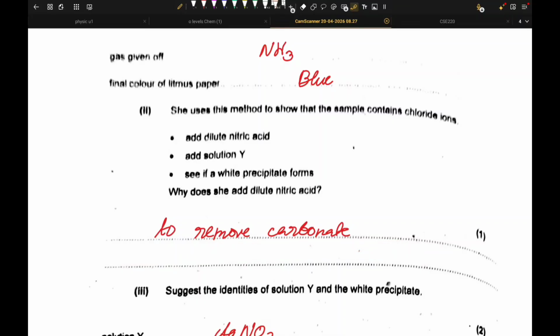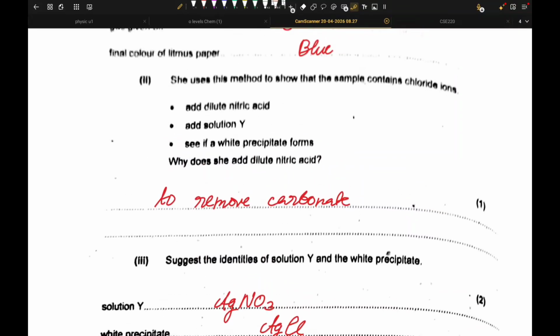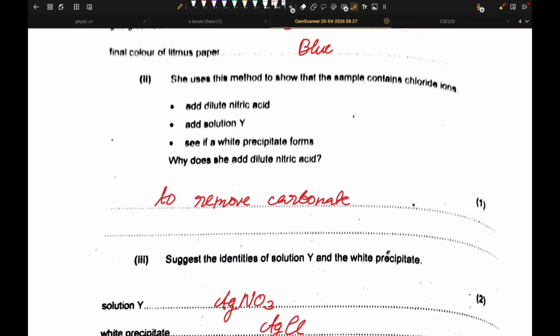So after adding nitric acid, we will add solution Y and see if a white precipitate forms. What is solution Y? Solution Y has to be silver nitrate. Now, we can use nitric acid or we can use hydrochloric acid. As they have said nitric, it's fine, but we can also use HCl over here.